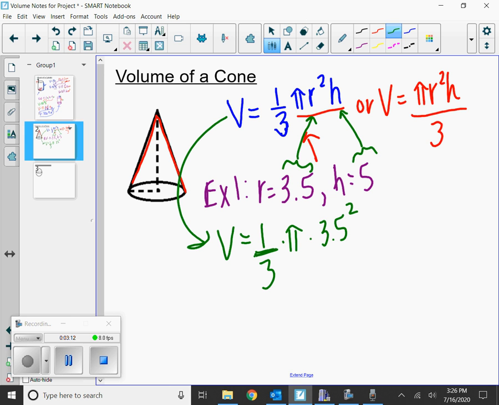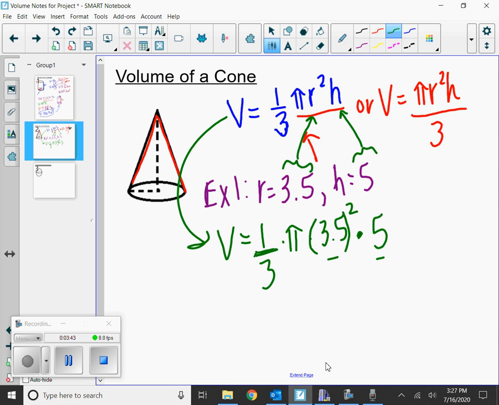Since there are so many little dots, one being the decimal, two of them being multiplication, I'm going to change this so that it's very clear that it's multiplication. So 3.5, and then that whole thing is raised to the second power, times h, which is 5. We have plugged in for r and for h, and now our formula is ready to go. Everything on the right side is just numbers that we can plug right into the calculator.